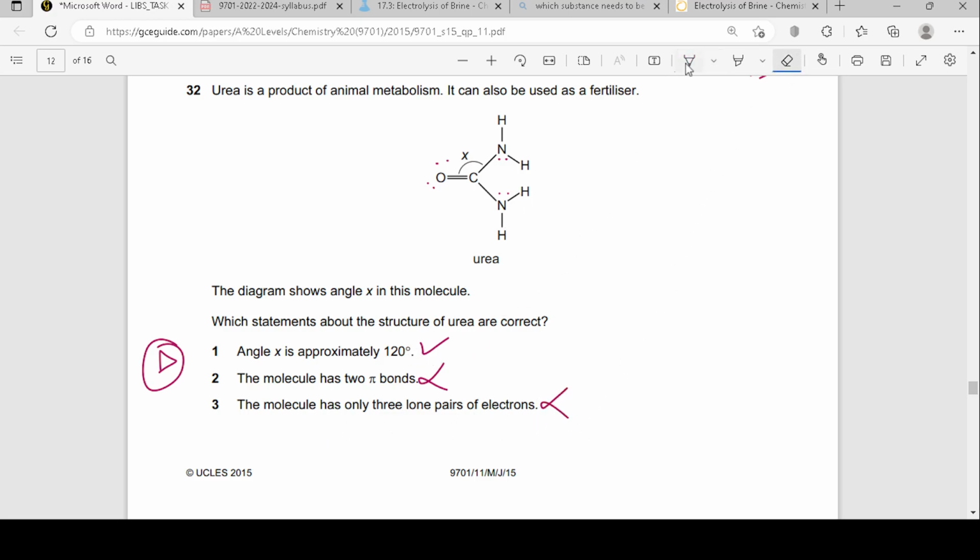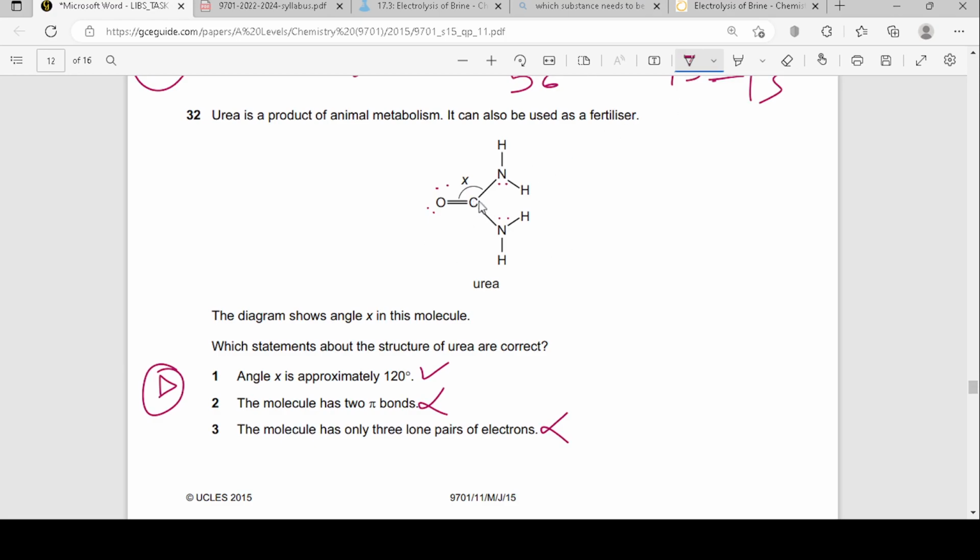And if you look at option 1, angle X is approximately 120 degrees. If we find angle X, we need the steric number, the total number of lone pairs plus sigma bonds on this carbon, because we're considering angle X, so we take carbon as the atom we're looking at.